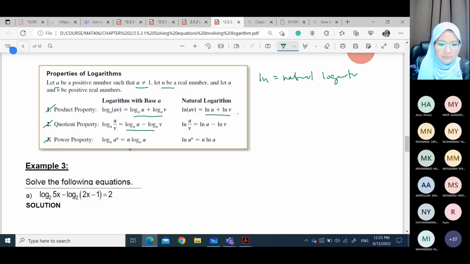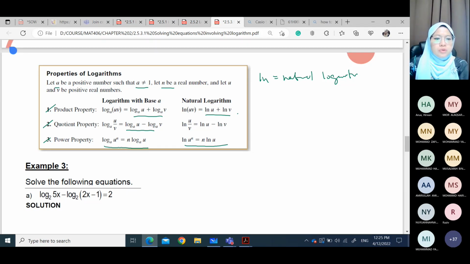And the power property, ini yang melibatkan kuasa. So log A U to the power of N, it is equivalent with N log A U. And for natural logarithm, sama juga. Ln U to the power of N, it is equal to N ln U. Okay, so ini adalah properties of logarithm. So again, we have product, quotient and power.